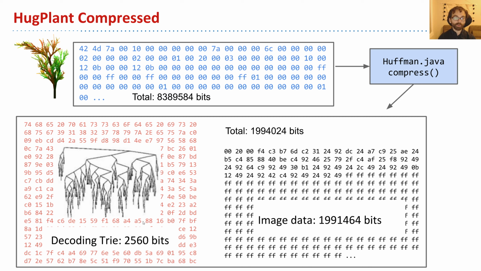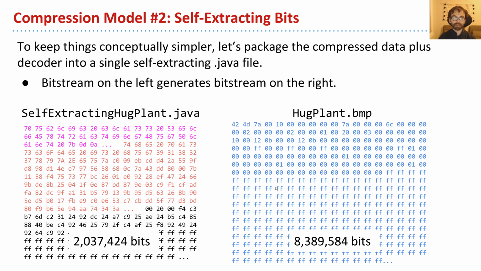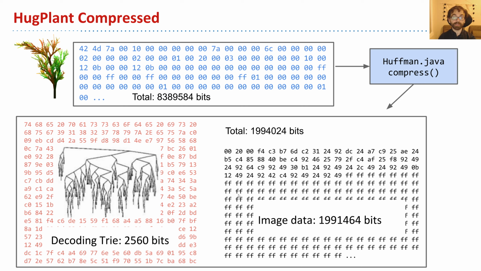So the total cost of the decoding trie at the front of my file was 2,560 bits. And then the compressed data after I use Huffman coding looks something like this. It is also a sequence of bits, which I have written in hexadecimal again, and that was about 2 million bits.